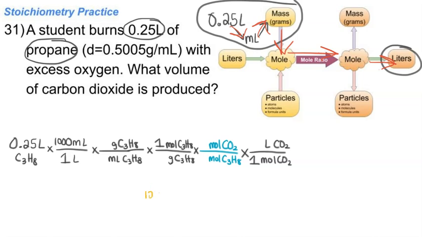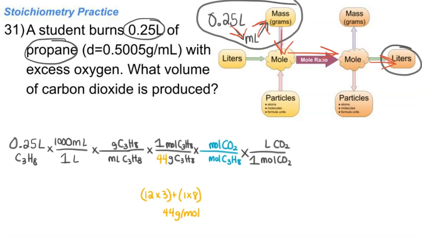So 12 times 3 plus 1 times 8. So when I add that up, 36 plus 8 gives me 44 grams per mole. And so that's what's going to go on the bottom right here, 44 grams of C3H8 in 1 mole.